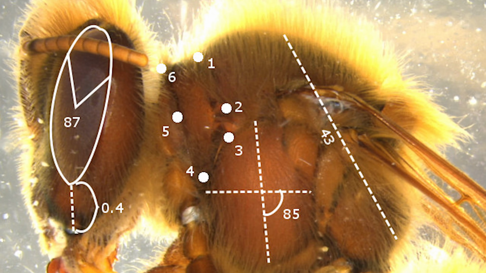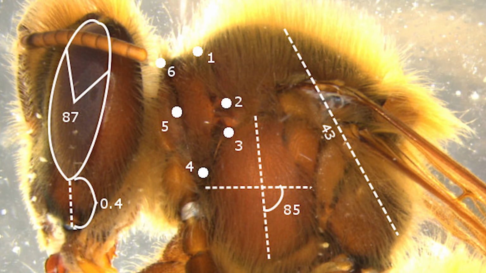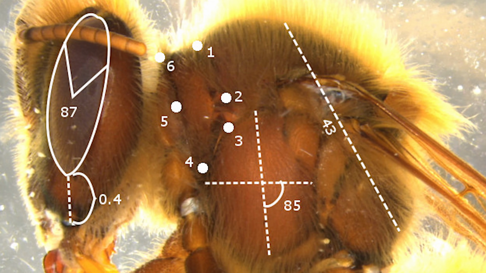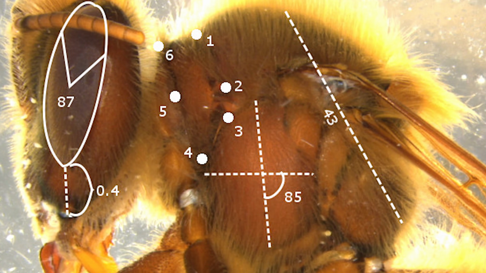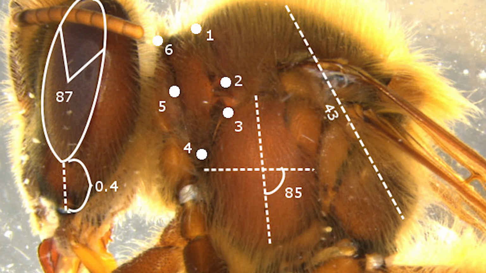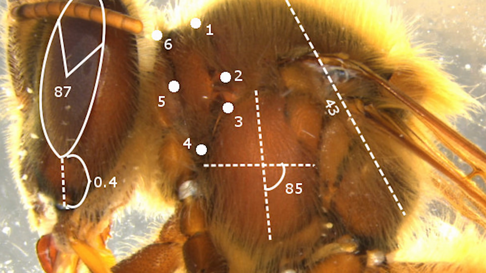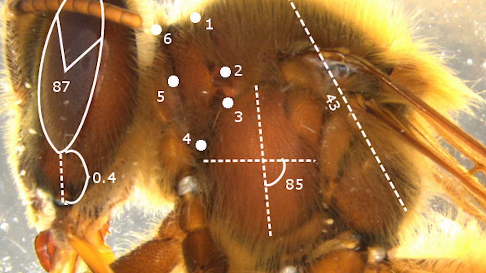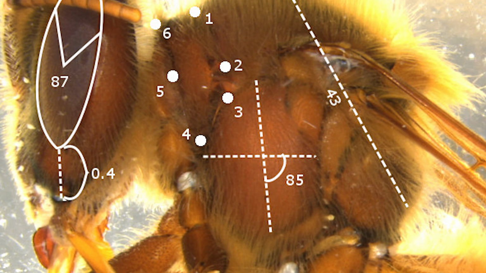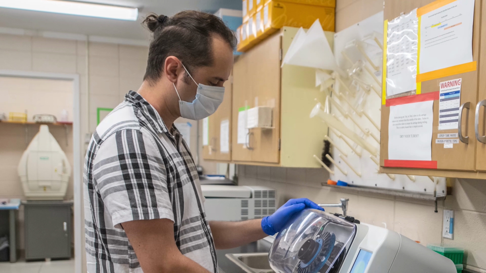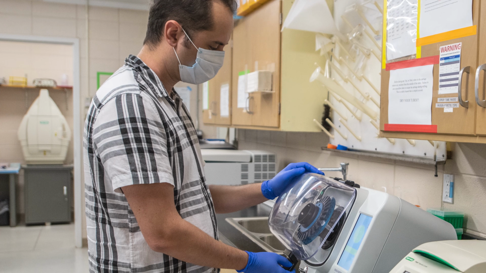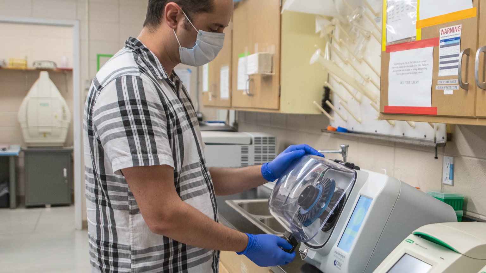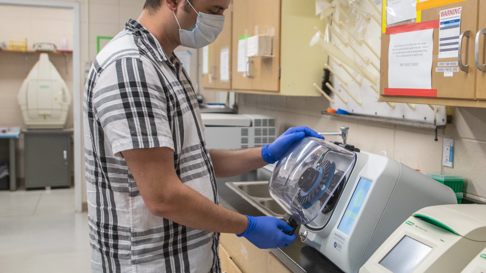In the US, for example, the USDA put out two very quick ways to measure various body parts, one of those being USDA ID, the second of those being FABIS. They would use one of these two methods to say, okay, we think these are African-derived honeybees, or we think these are European-derived honeybees. More recently, people have been using molecular techniques to be able to identify these bees more accurately, and this is probably the best way to do it anyways.